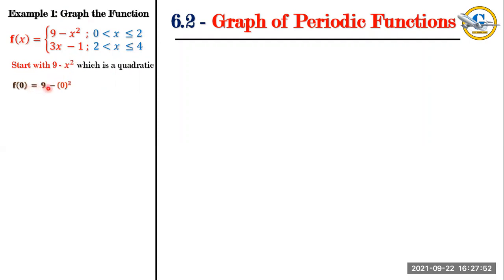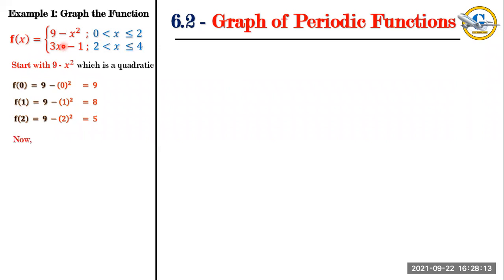So f of 0 is equal to 9 minus 0 squared in this interval. That gives us 9. f of 1 is still in the first interval. That will give us 8. f of 2, in the first interval, gives us 5. We are still going to look for f of 2 in the second interval because we are not sure if this value is going to be the same.